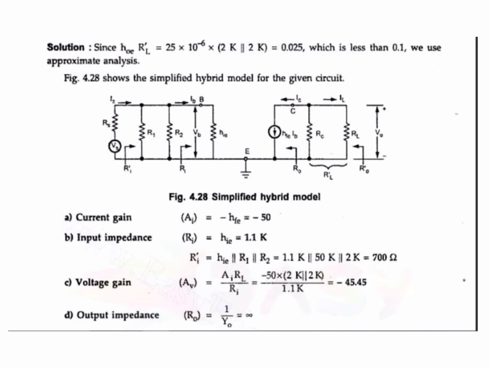Before that, divide the transistor into two components: one resistor on the input side and one current source on the output side. Remember these four things before converting any given transistor circuit into the simplified hybrid model. We divide the circuit into the hybrid model only for our convenience.